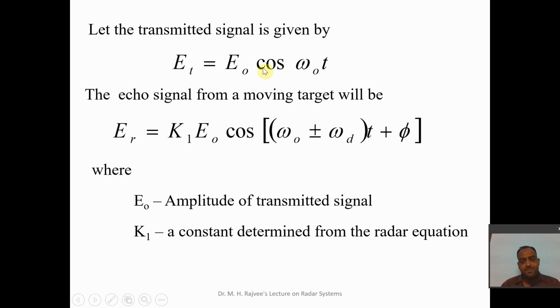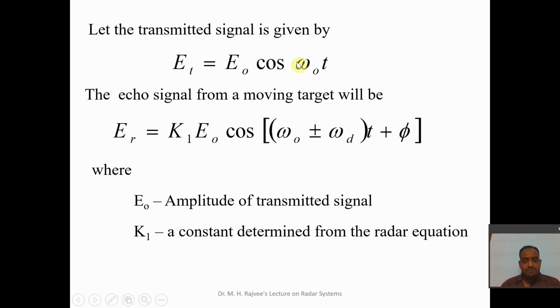One is the incident signal strength, E naught. Definitely the echo signal will be very weak compared to this signal, so we should multiply this E naught with a constant K, so K1 E naught.